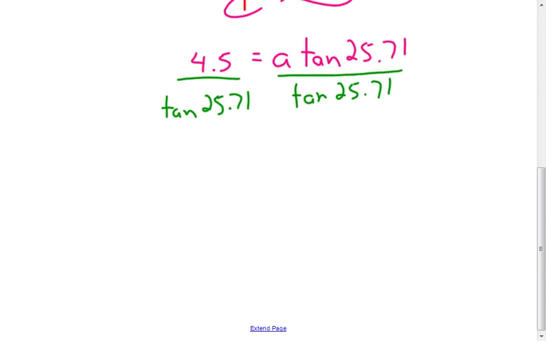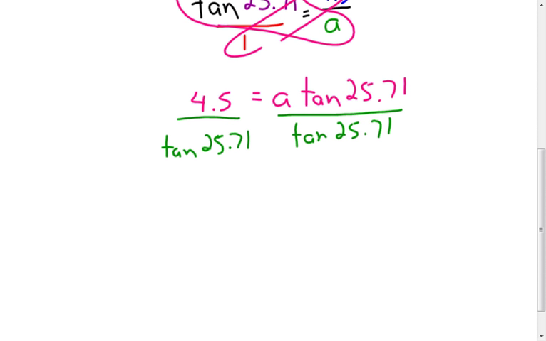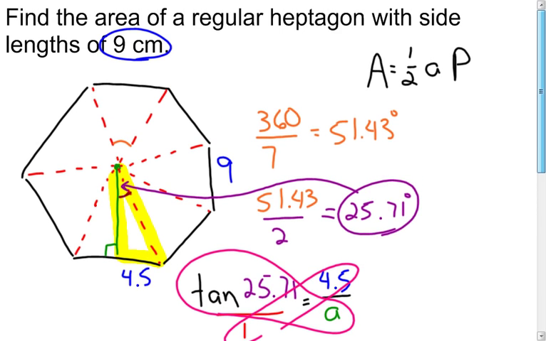Again, I'm not going to type in 4.5 divided by tangent 25.71. Rather, I'm going to type in 4.5 divided by, then push tangent, and then go up and get my last answer. By doing this, I end up with an apothem that's approximately 9.34 units long. And those units in this case would be centimeters.